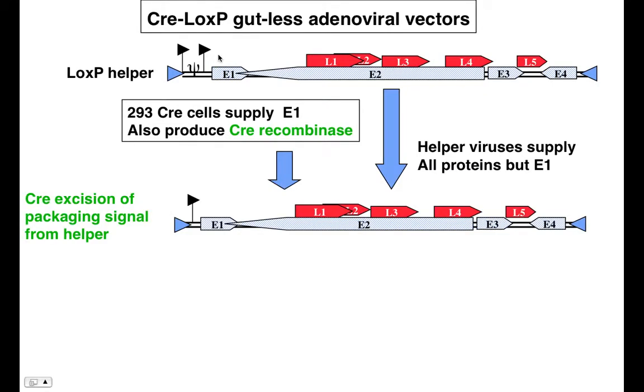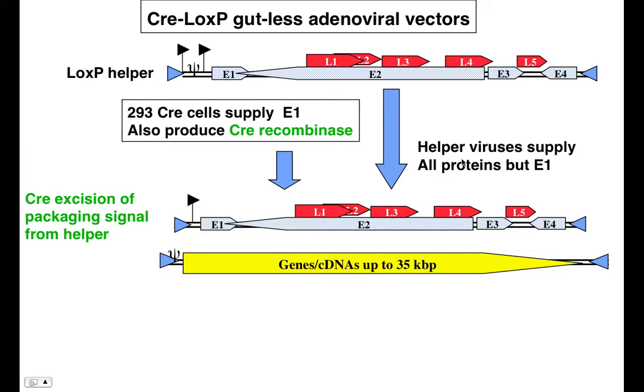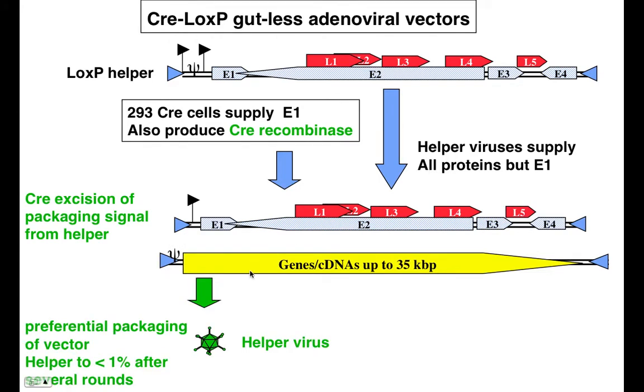That means the Cre will excise this packaging signal out, leaving only one LoxP site, meaning this genome won't be packaged. Helper viruses may supply everything except E1. There is a preferential packaging of the vector to less than 1% of the normal virus, but you don't want to have any normal virus. It's hard to get FDA approval for that.